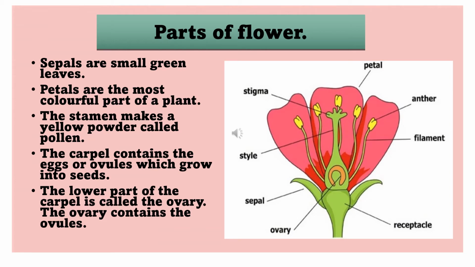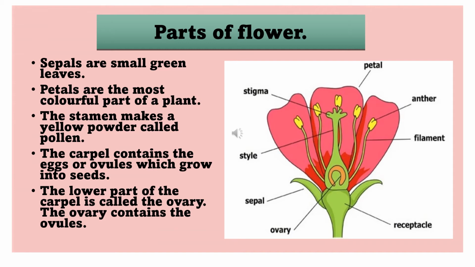Sepals are small green leaves that grow under the petals. They protect the flower, and petals are the most colorful part of a plant. They attract honeybees and other insects towards the plant. The stamen makes a yellow powder called pollen.